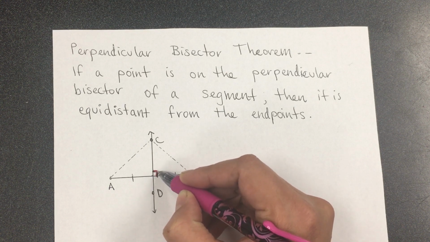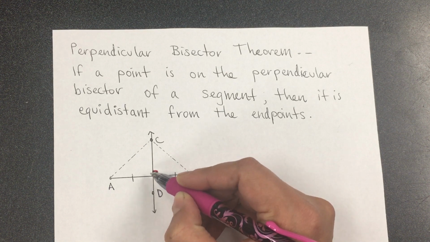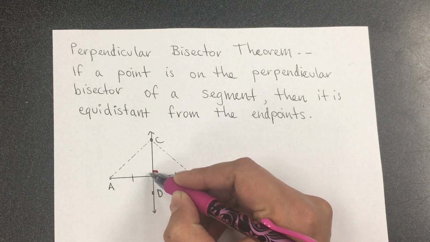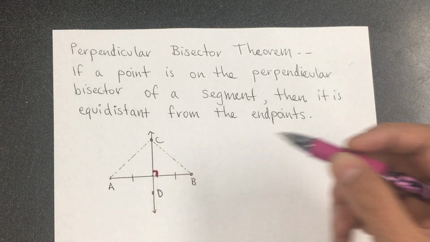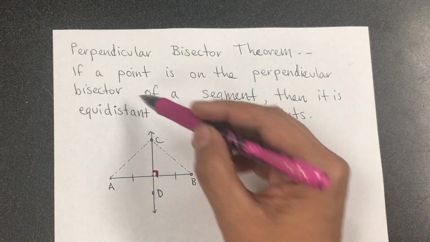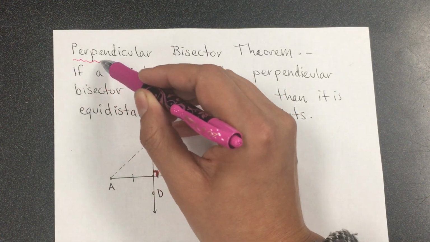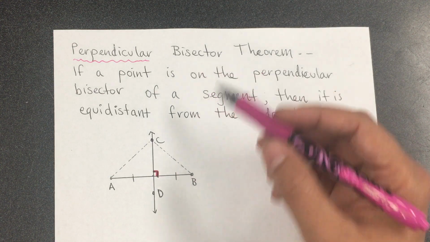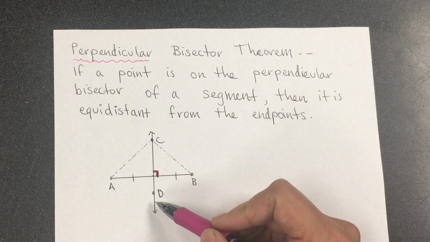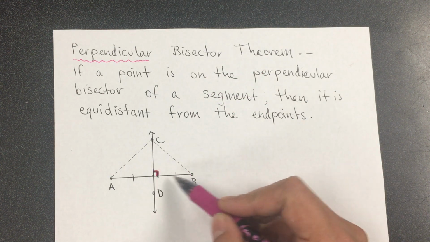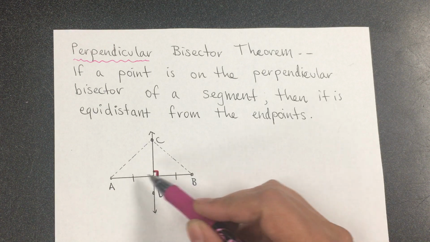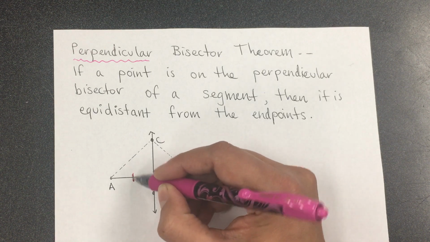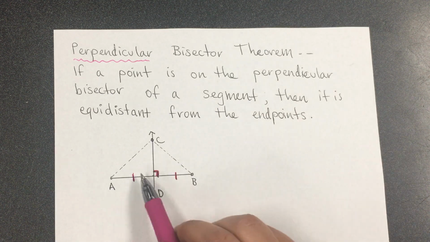And actually, even though we only mark one, automatically all four are 90-degree angles. That makes it perpendicular, okay? So that will be this part, 90-degree angles. Bisector means that it cuts the line segment AB into two equal parts. And these markings represent that they are congruent.